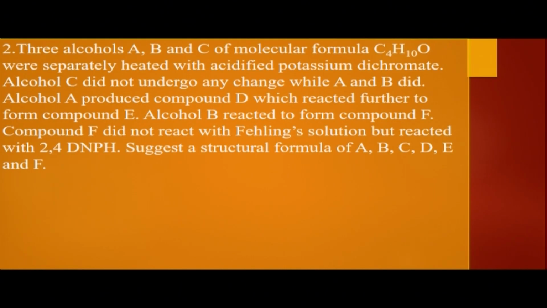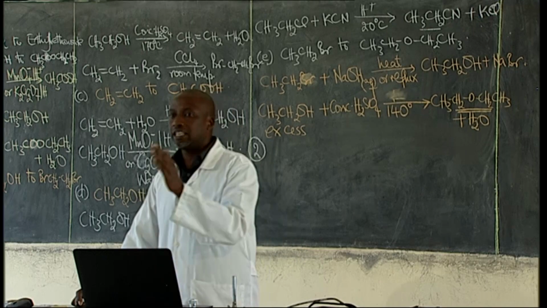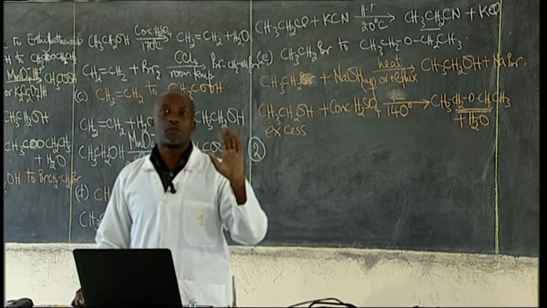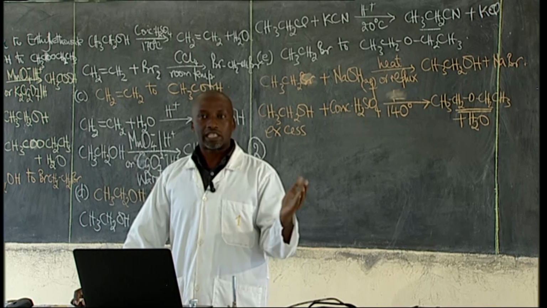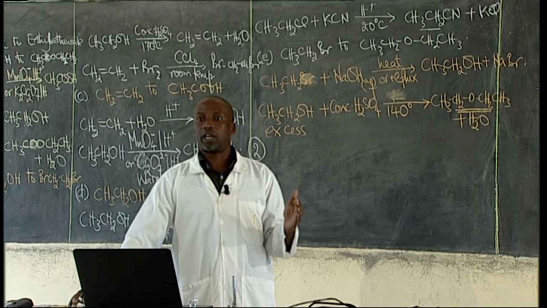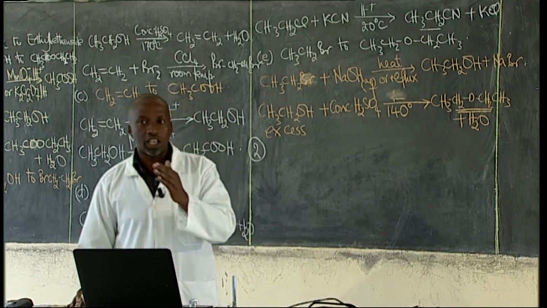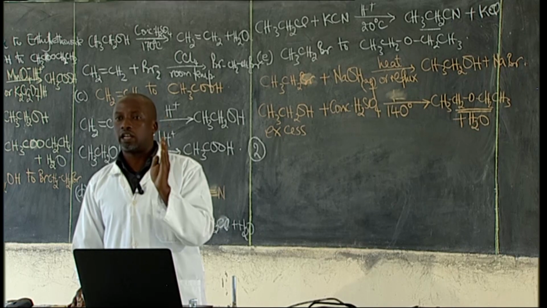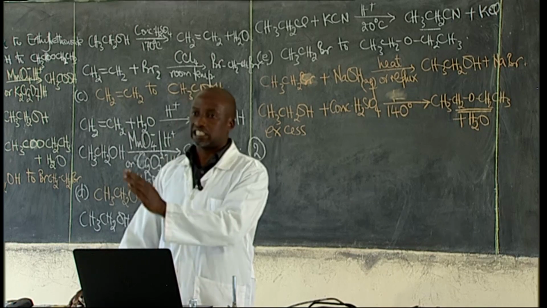Number 2. You need to read the question a second time. A, B, C, molecular formula C4H10O, were separately heated with the acidified potassium dichromate. Alcohol C did not undergo any further change.